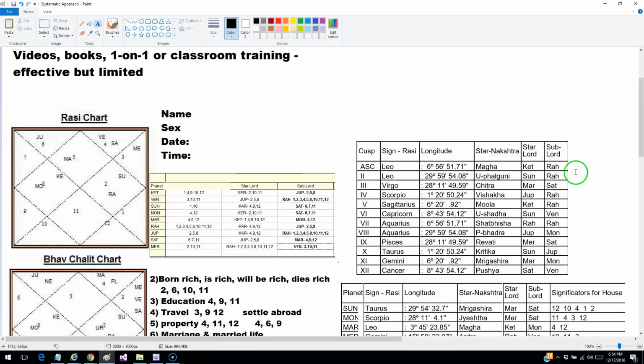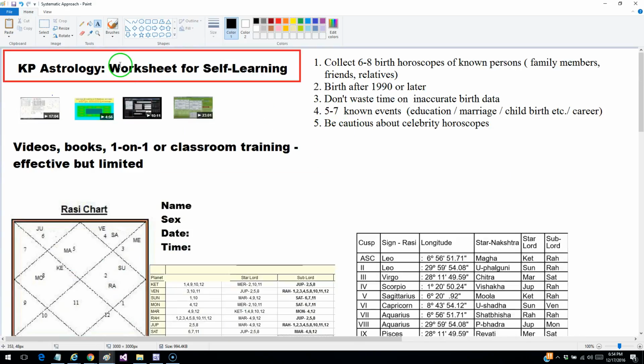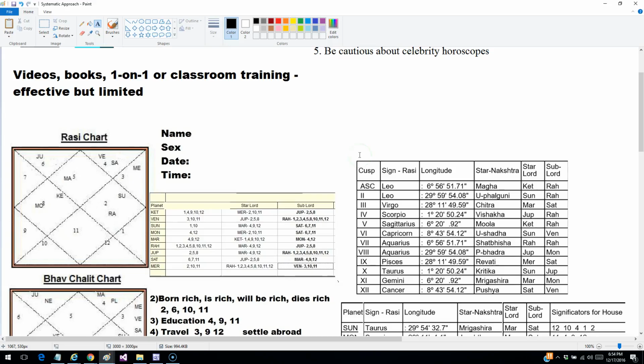is a very challenging scenario. And this is what you learn when you create a worksheet for self learning, and you create the horoscope of your relative, and then you find that the sublord of the ascendant is showing infant mortality, and according to KP, this person might have been dead at the age of 5 years, 7 years, 10 years, 15 years, but this relative, friend, or whatever, is still alive at the age of 80.